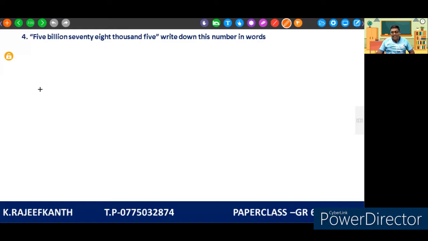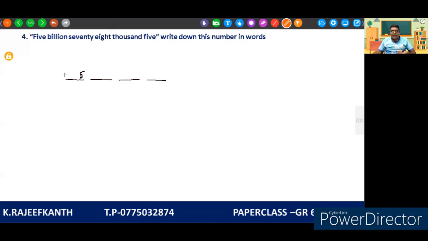Here 5 billion. So first we have to start with billion. So billion, million, thousand and unit. Here there are 4 zones. Here we are going to start with billion zone or billion period. 5 billion. So we have to write this in period billion 5. Here we no need to put the zeros because we are starting with that 5.